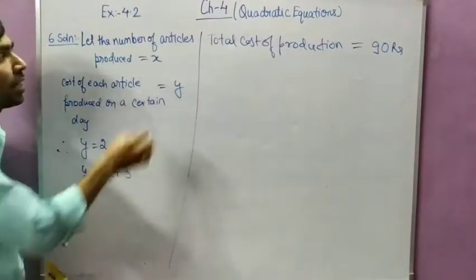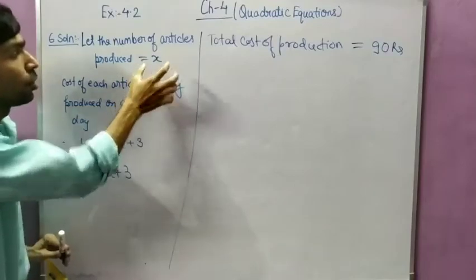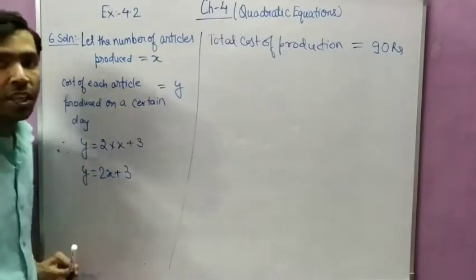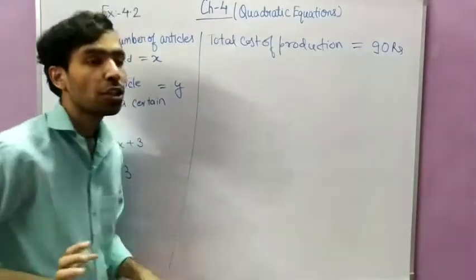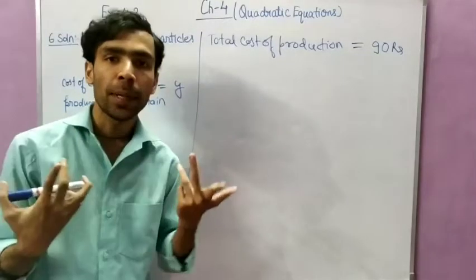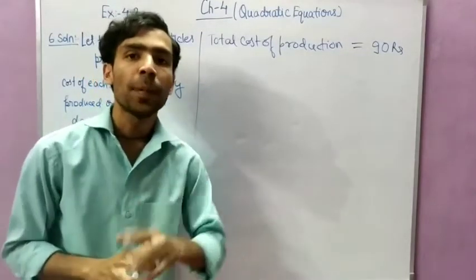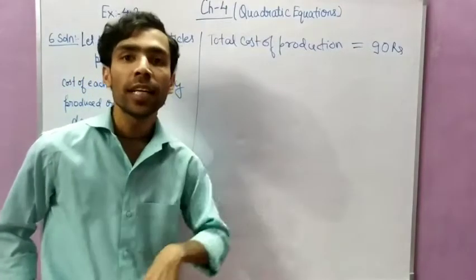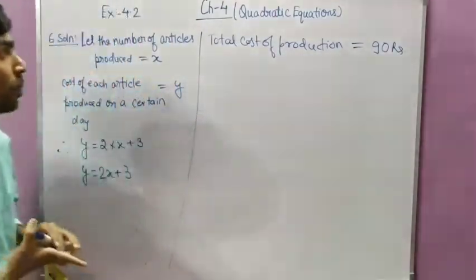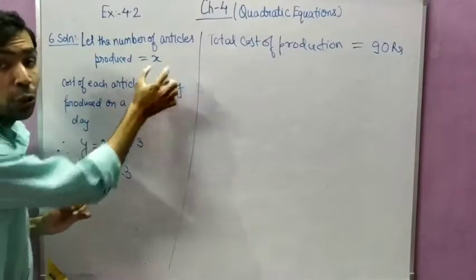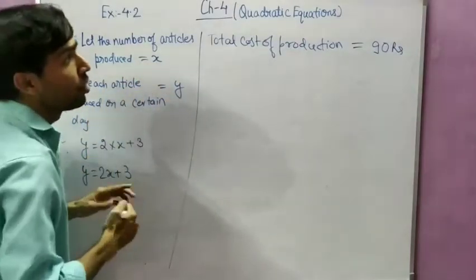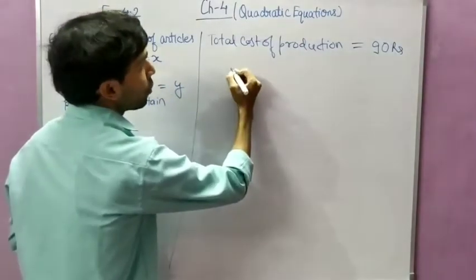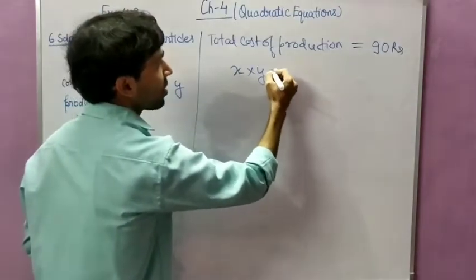When we multiply the number of articles by the cost of each article, we get the total cost of production. Suppose you have 10 pencils and the cost of one pencil is 10 rupees. So what will be the cost of 10 pencils? That is 10 into 10. So what you have done is multiplied the number of articles by the cost of each article. So the total cost will be equal to x into y, which is equal to 90.